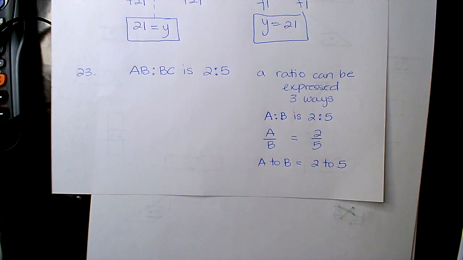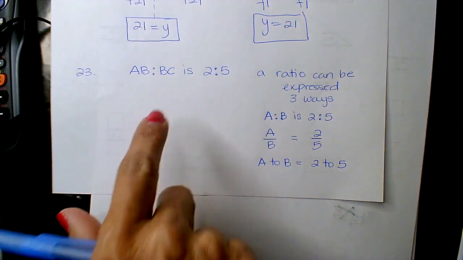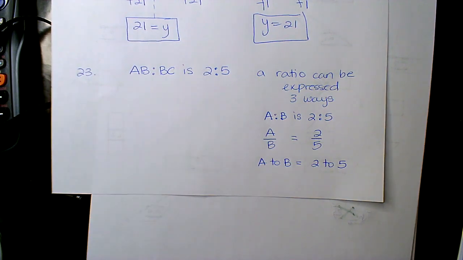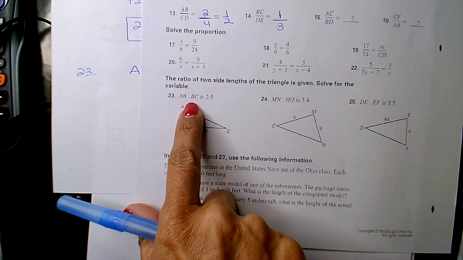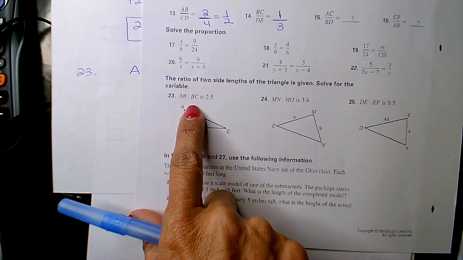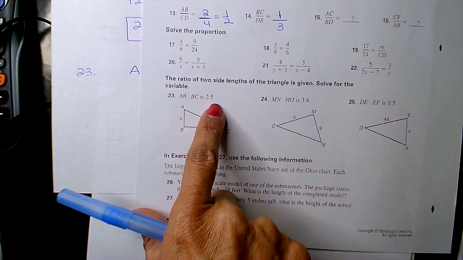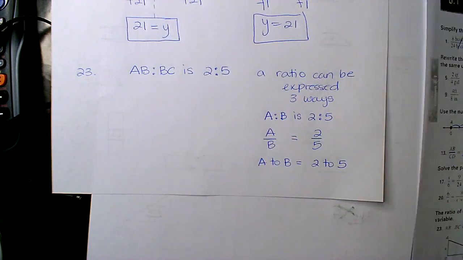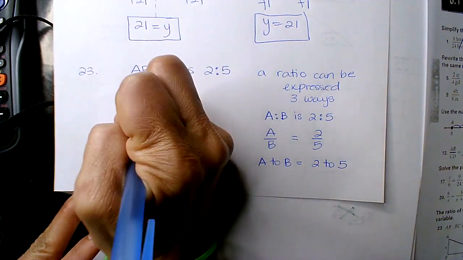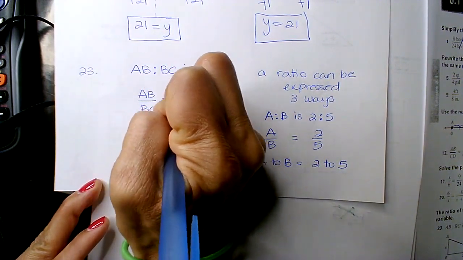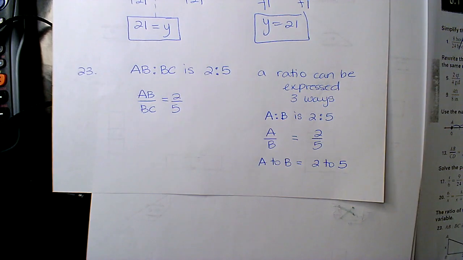Okay, so when they give us this, where's the worksheet? When they give us this, A:BC, or AB:BC is 2:5, we're dealing with proportions, so this is the equivalent.